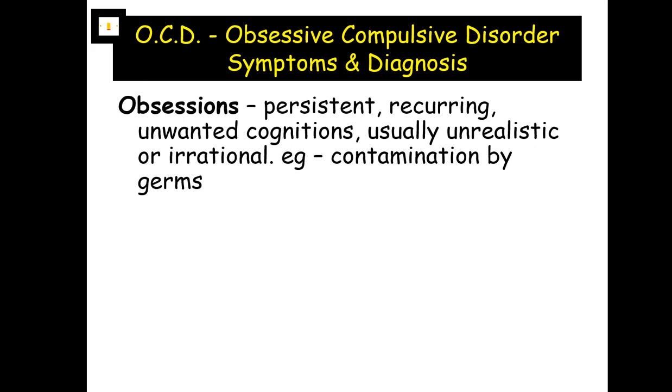So it's okay to have persistent thoughts about something that's completely rational, but the fact that maybe your hands are constantly dirty or contaminated by germs is irrational. It's also unrealistic because in our society we live with germs and bacteria all the time. So this is persistent, that's a key thing because it keeps happening. They're unwanted, they're intrusive. It's something that actually takes over you.